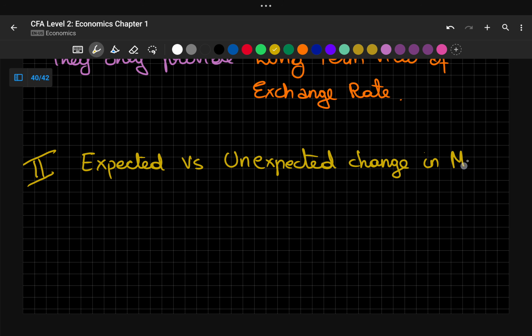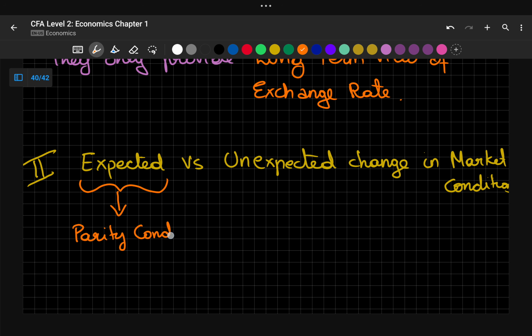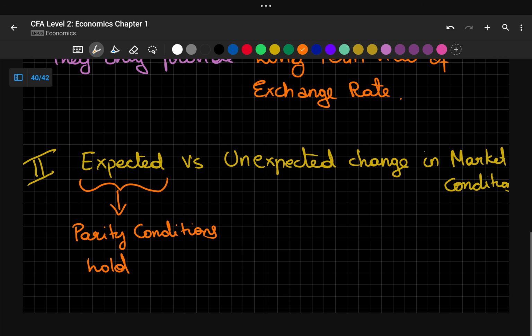Only in the case of an expected change in market condition do parity conditions hold. These parity conditions hold only when the market changes as per the expected trend.